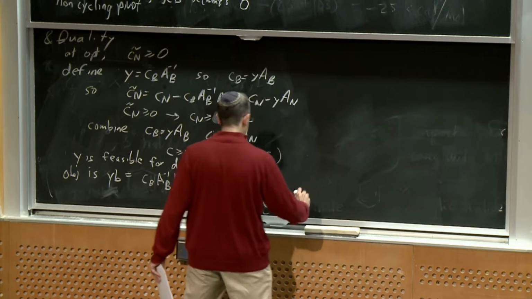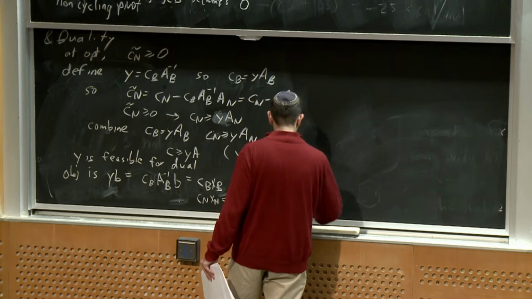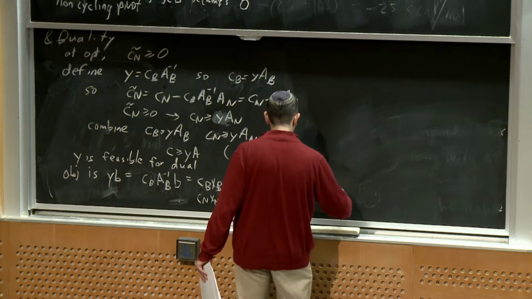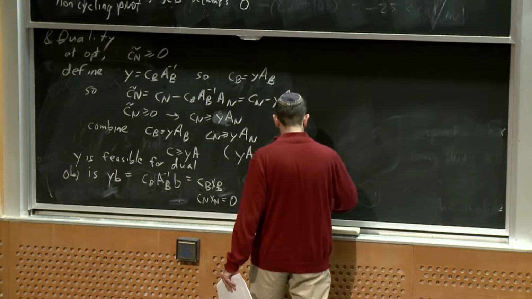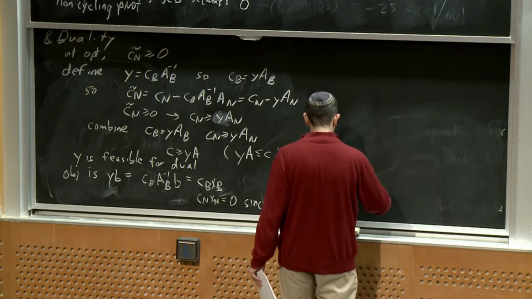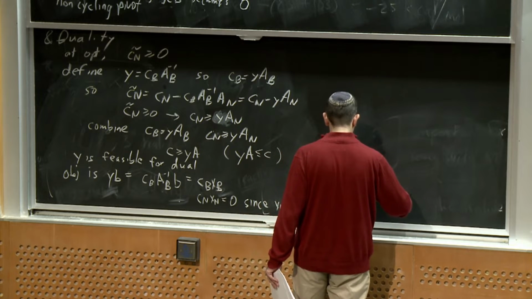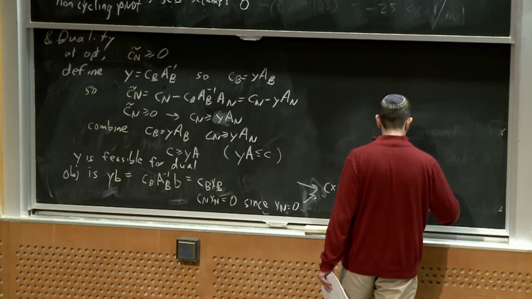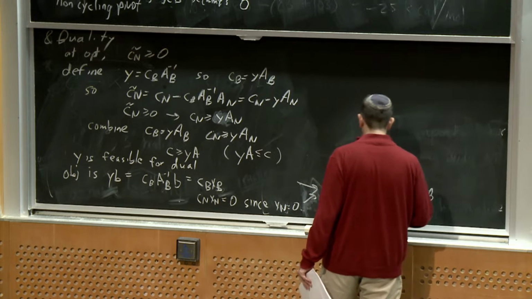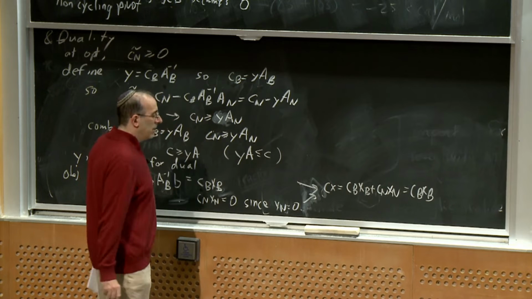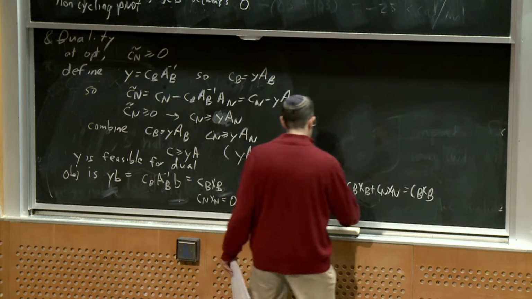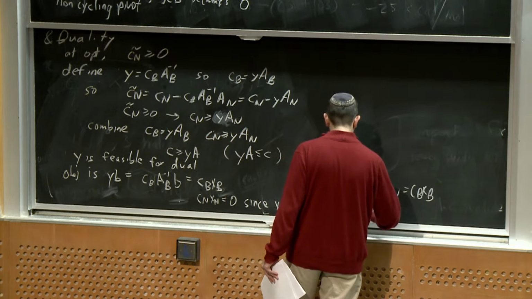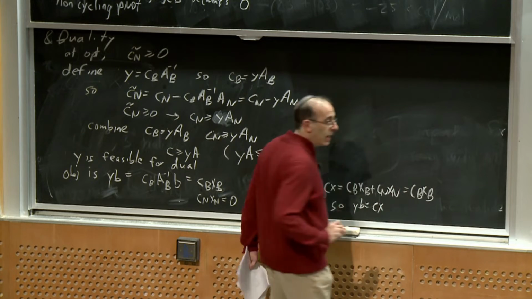So if we put these two things together, CX is equal to CBXB plus CnXn, just breaking apart the dot product, which is equal to CBXB. So what this tells us is that in fact yb is equal to CX.